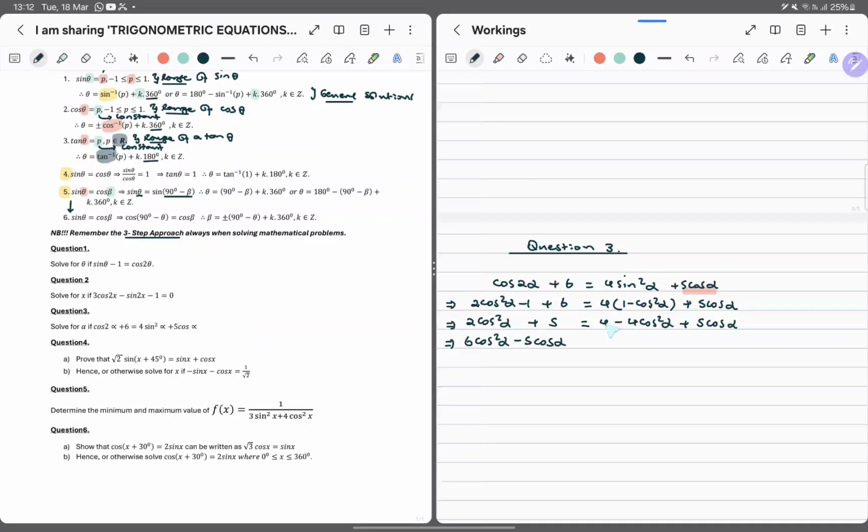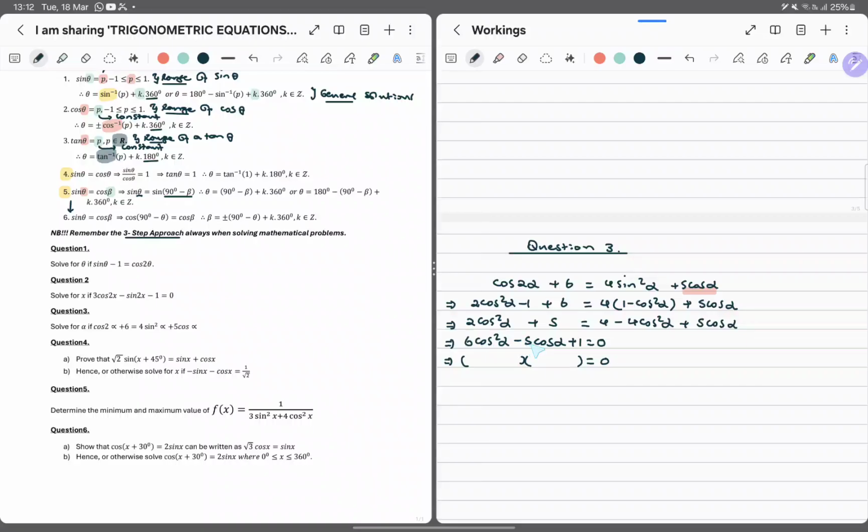And then we bring in the 4 to the other side, we get plus 1 is equal to 0. Okay, so this is good. Now we cannot do anything but try and factorize. When in doubt, check the discriminant by using the coefficients here. That's what's going to work.